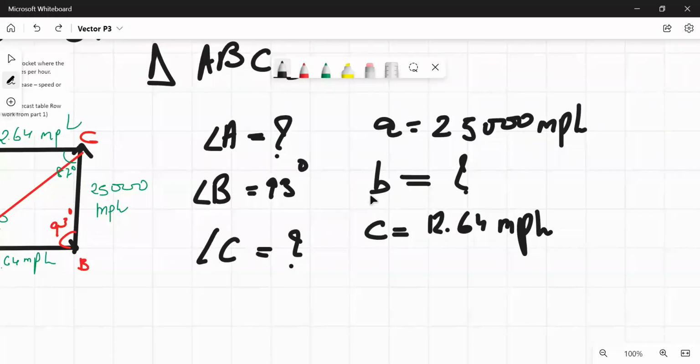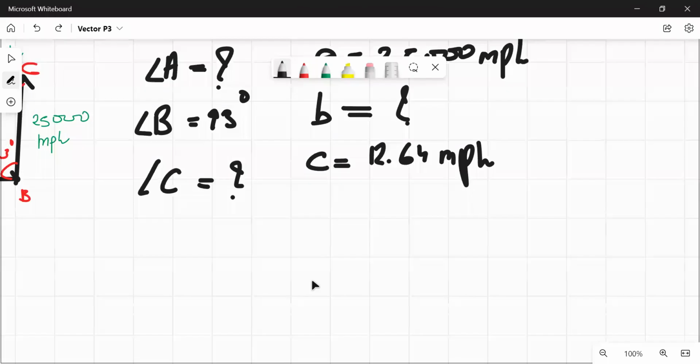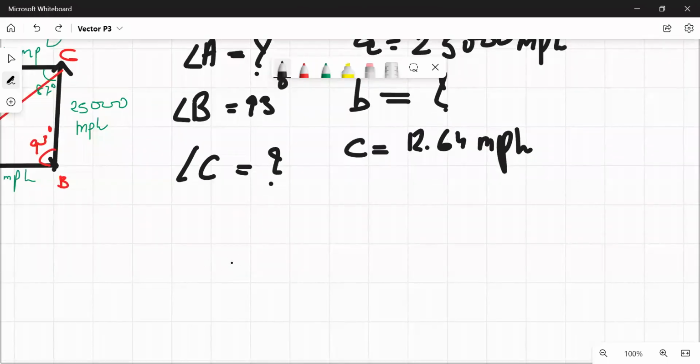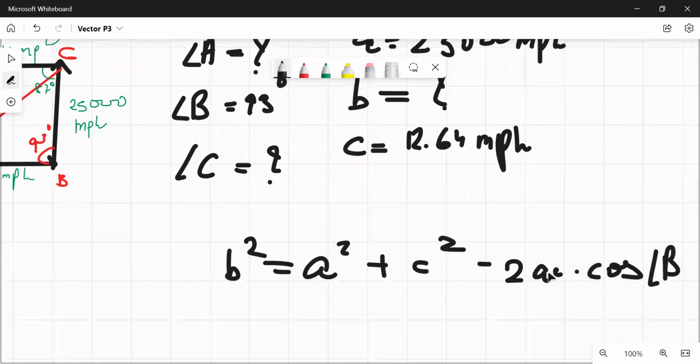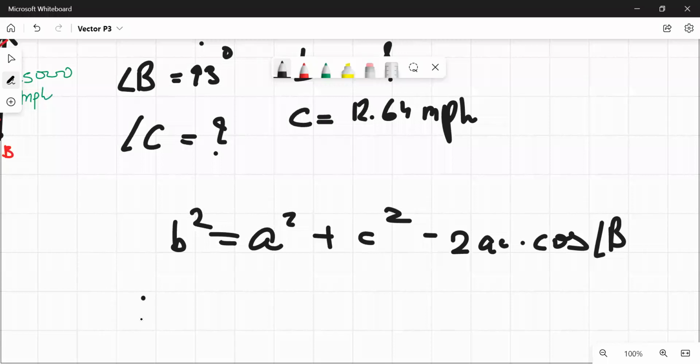All right, so let's start by finding the resultant speed. To find resultant speed, we are going to use the law of cosines. So it's going to be b squared equals a squared plus c squared minus 2ac times cosine of angle B. Now b squared stays the same, or we can do it this way.